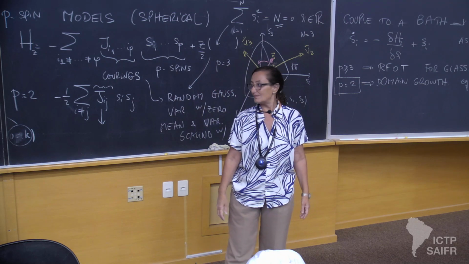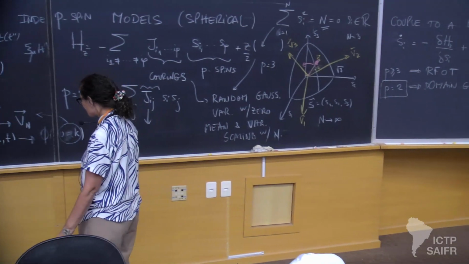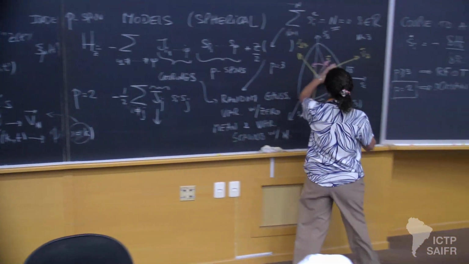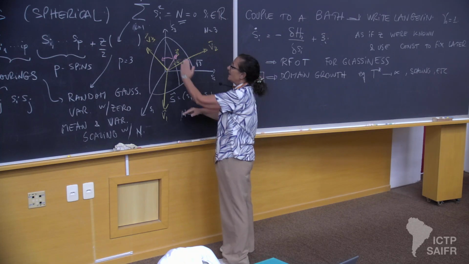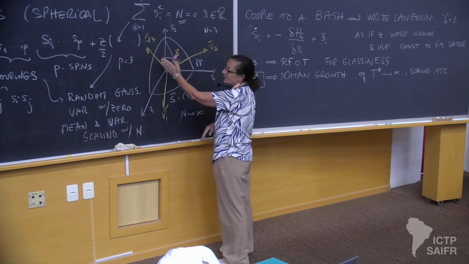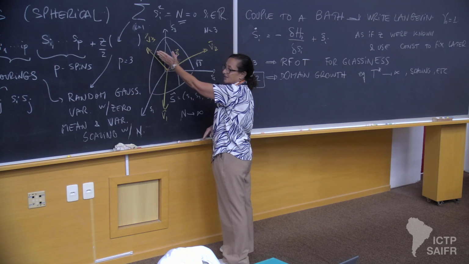So I still have a question. When you say that this here is the total spin that follows exactly that? This is the vector that characterizes your full configuration. Okay. And your full configuration wants to go there. Yes, because I didn't say it, since I didn't have time, but this is the configuration that minimizes the energy of the problem.